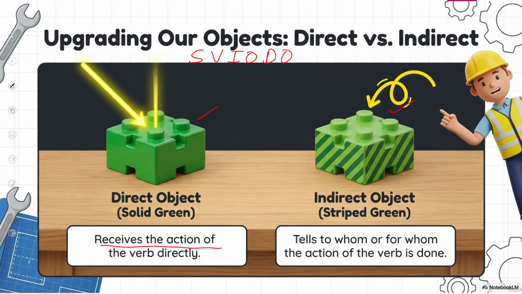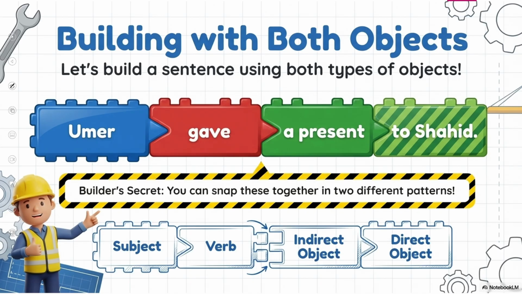It receives the action of the verb directly, and the indirect object tells to whom or for whom the action of the verb is done. Let's see an example. Here we have the subject Umar, gave is the verb, a present is the direct object, and to Shahid is the indirect object.